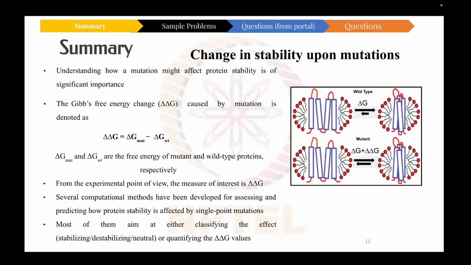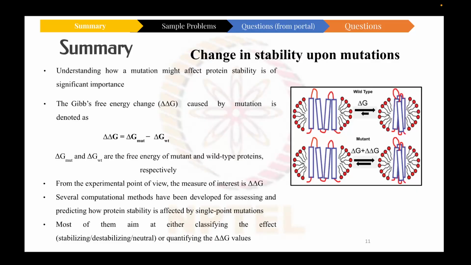Sometimes this delta delta G formula is given as delta G of wild type minus delta G of mutant. So either way, it depends upon the sign and whether we are considering delta G as Gibbs free energy of unfolding or Gibbs free energy of folding. So the formula depends on that.